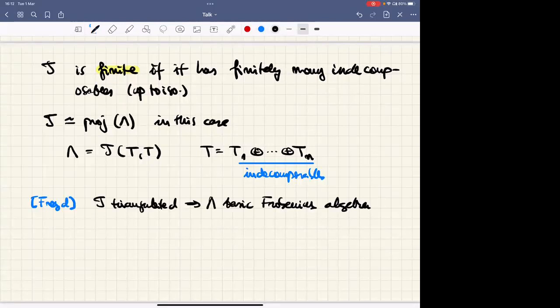The results imply that lambda is self-injective, but here we take only one isomorphism class for each indecomposable, so lambda is basic, and being self-injective it is Frobenius, which means it has a trace like square matrices and so on. These are much better properties because they are inherited by tensor products. In particular, the enveloping algebra, which we will use, will also be Frobenius, so it will be self-injective and so on.